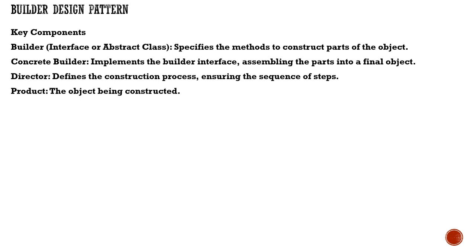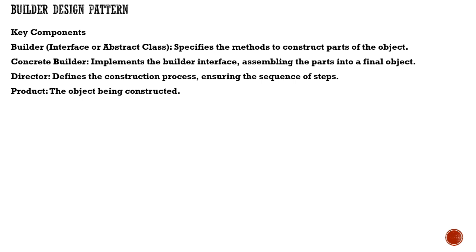Now, when we write a builder design pattern class, or design any component, these are the components required. The first is the builder, which can be either an interface or an abstract class, and which specifies certain methods to construct the parts of an object.